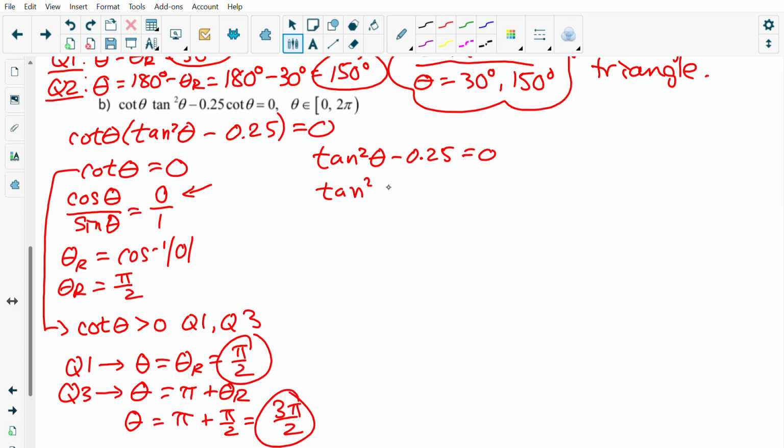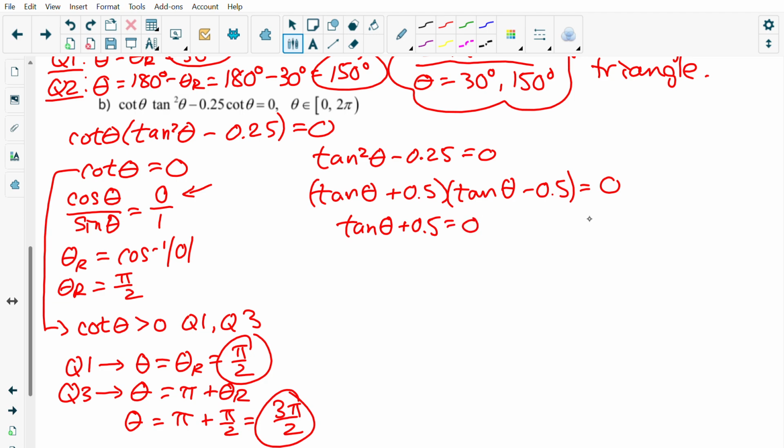So here, I'm going to factor by using difference of squares. Tangent of theta plus 0.5 times tangent of theta minus 0.5 equals 0. So let's isolate each factor. Tangent of theta plus 0.5 equals 0, and tangent of theta minus 0.5 equals 0. That's tangent of theta equals negative 0.5.